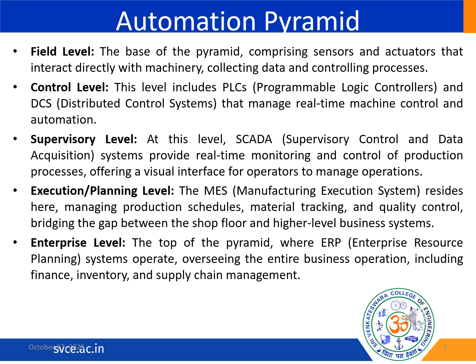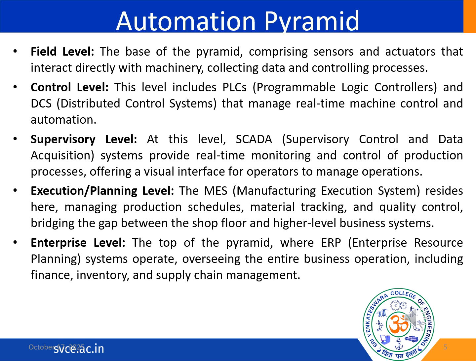So these are the five different levels of the automation pyramid. The first level is the field level. The second we call the control level. Third is the supervisory level. Next we have the execution or planning level, and the final level we call the enterprise level.